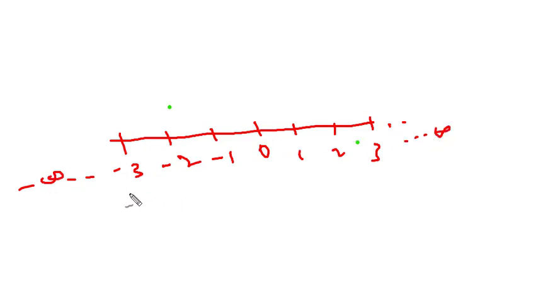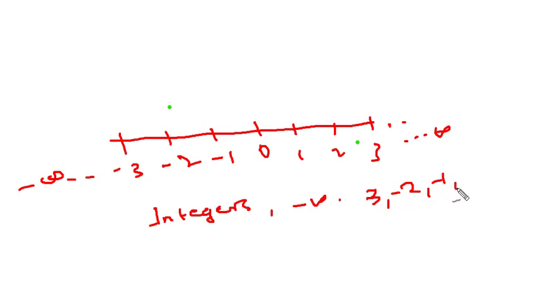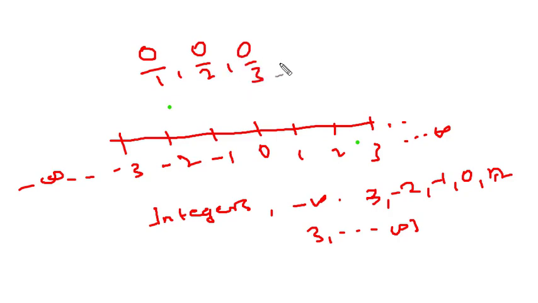So this is the integers: minus infinity to -3, -2, -1, 0, 1, 2, 3, and so on. Now 0, if you divide by any integer, 0 divided by 1, 0 divided by 2, 0 divided by 3, all will be 0, and all these are rational numbers.